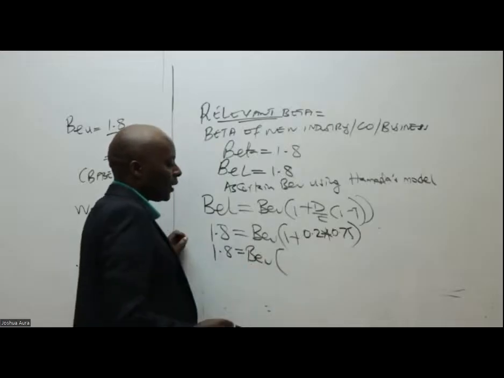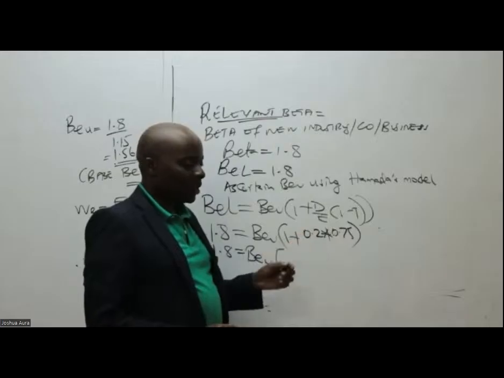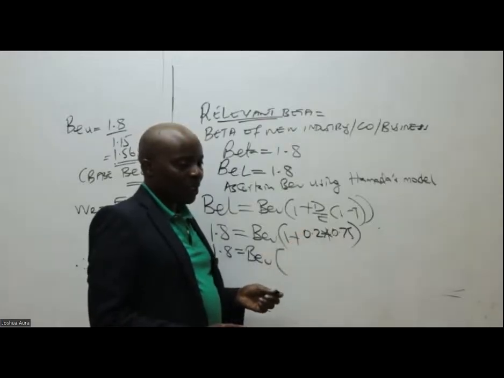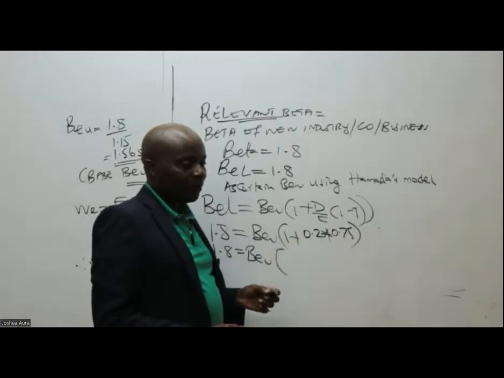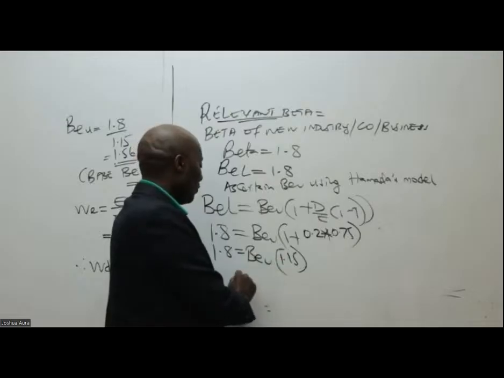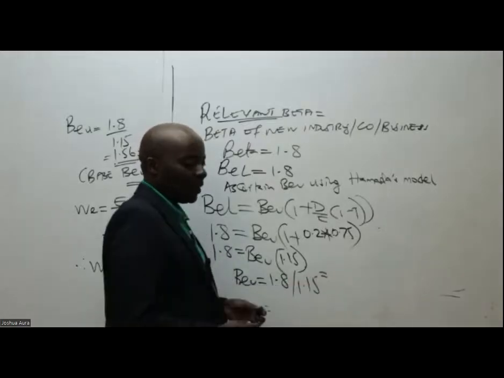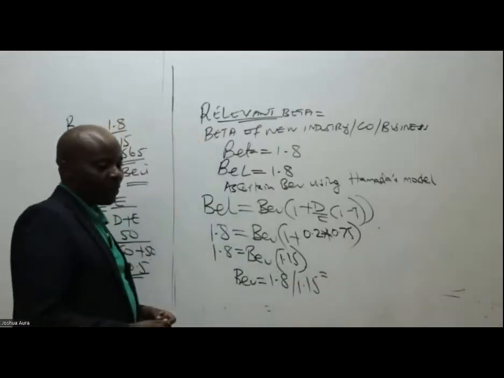What do we have in brackets here? 1 plus this times that. 1.15. So with BEU as the subject, it will be 1.8 divided by 1.15, which gives me the same answer as the one that you had obtained.